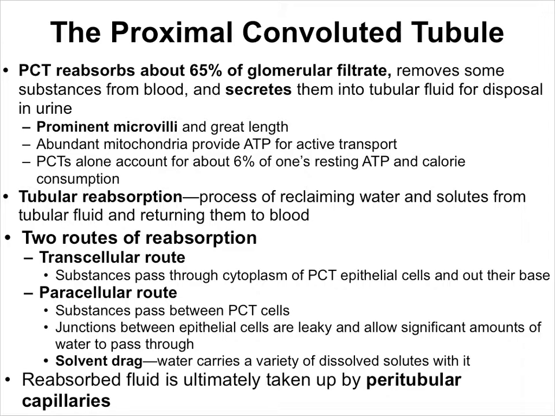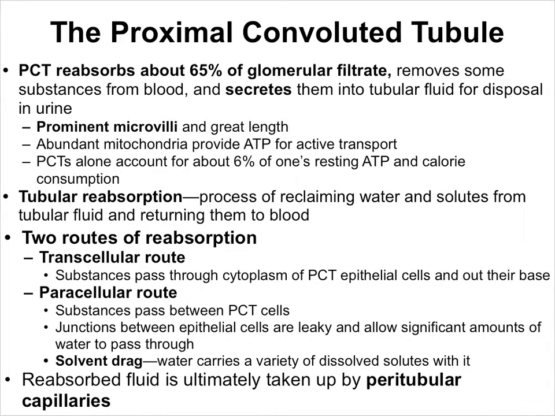In the proximal convoluted tubules, most of the glomerular filtrate is reabsorbed. This is where you've got a whole bunch of glomerular filtrate, and reabsorption is fairly easy. There are lots and lots of microvilli on these cells.